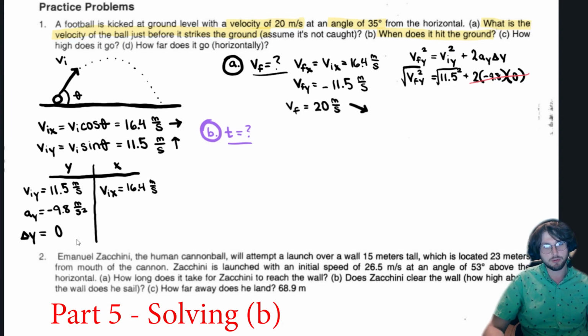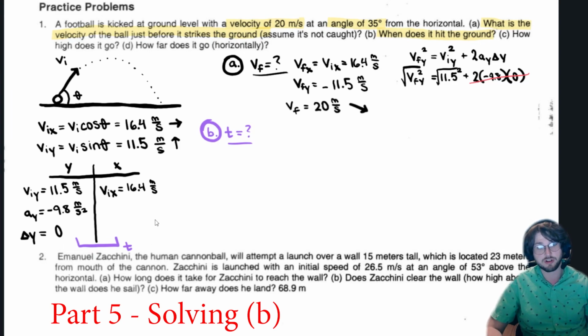Time is cool because it really applies to both directions. It's a very useful piece of information to find because it's going to apply to both directions once we get it. So it's really helpful to solve for that first across the board.